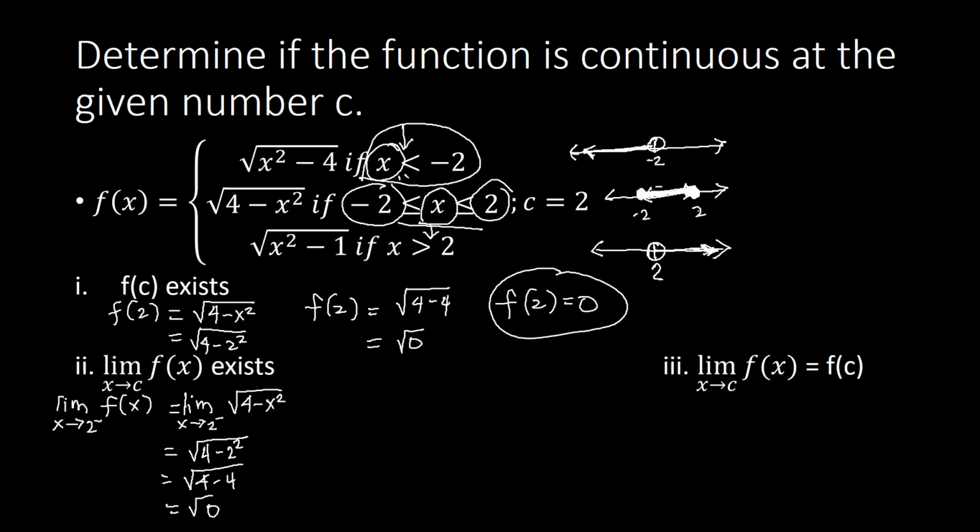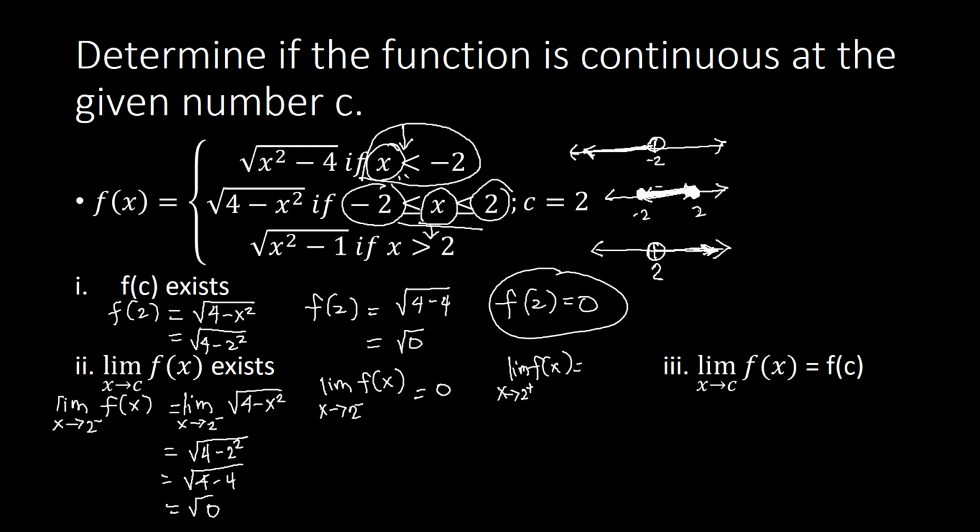So we've got our limit of f of x as x approaches 2 coming from the left side, which is 0. So we will be checking whether our limit of f of x as x approaches 2 coming from the right side will also have the same value of 0.